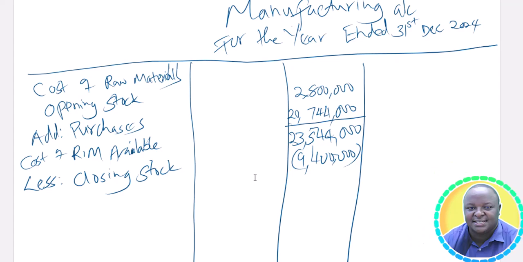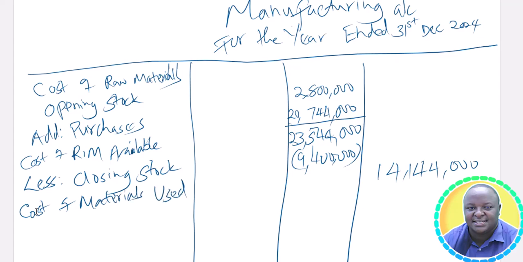If you do that, we will get 14,144,000. This is the cost of raw materials, or cost of materials used, which will be 14,144,000.